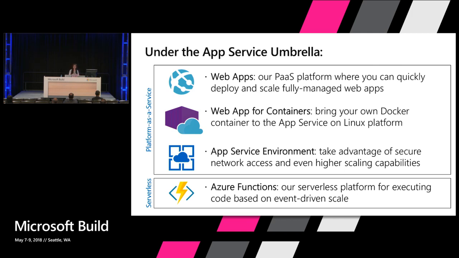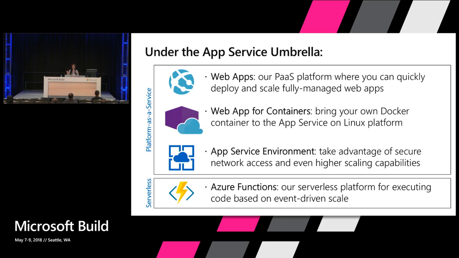And at the end of last year in September, we went generally available with App Service on Linux and Web App for Containers. For all of you interested in Docker and containers, we offered this service so you can either bring your code and run it on App Service on Linux, or even bring your own custom Docker container onto the platform and run that on the managed service as well. It's a PaaS platform where you can super easily deploy and scale your Dockerized application on our platform.